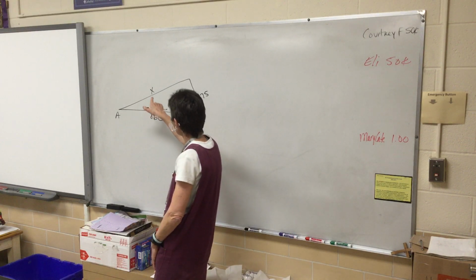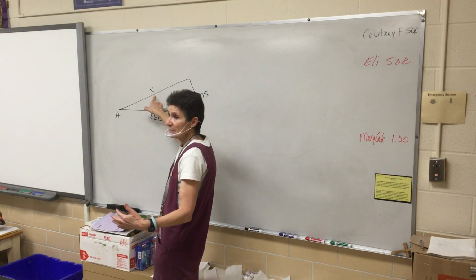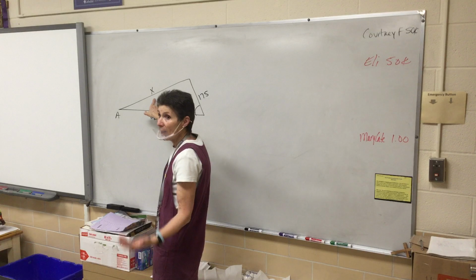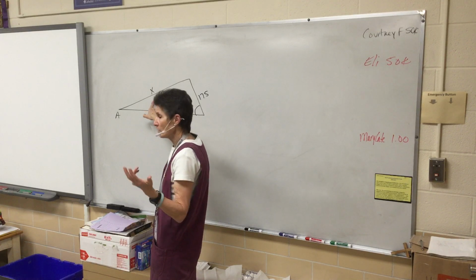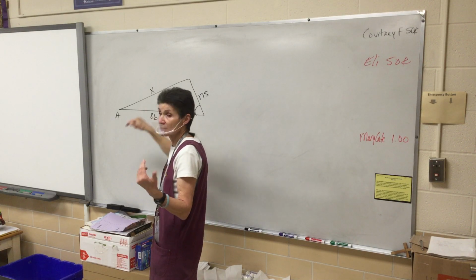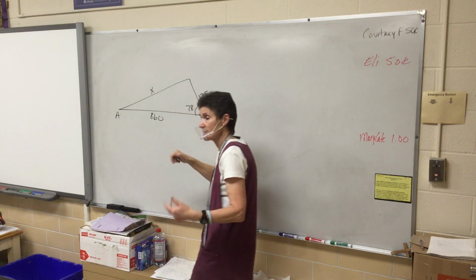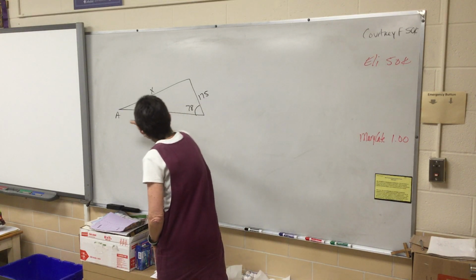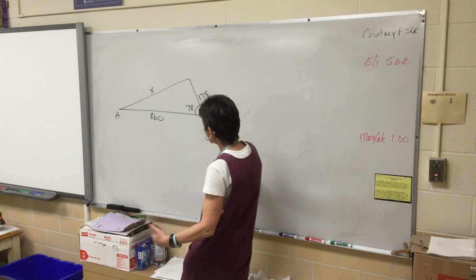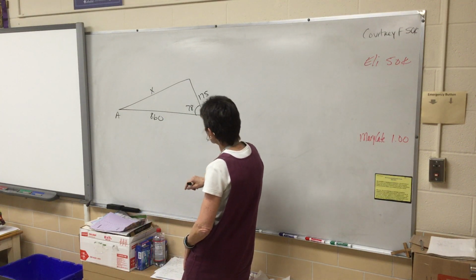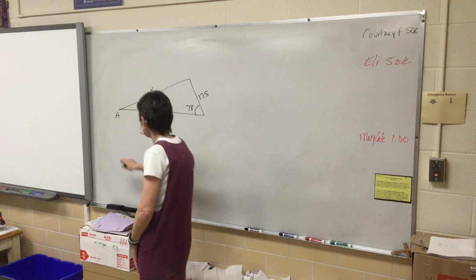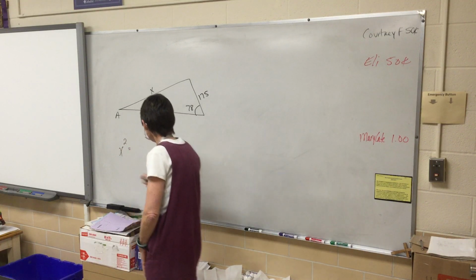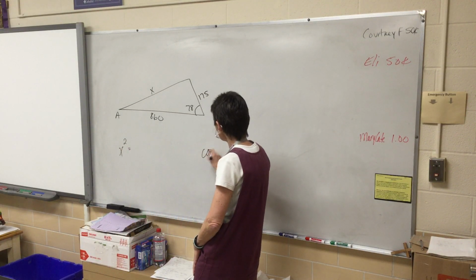Anytime you want to find a side or an angle of a triangle, you've got to use the law of sines or cosines. Unless it's a right triangle, you have to use the law of sines or cosines. The law of sines isn't usable because I don't have the right information. So I'll do the law of cosines. On this side will be x squared, and clear out here will be cosine 78.